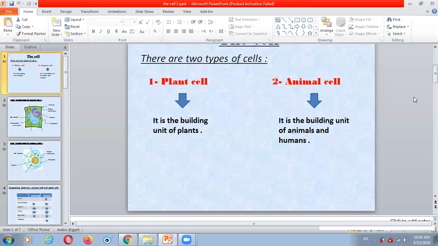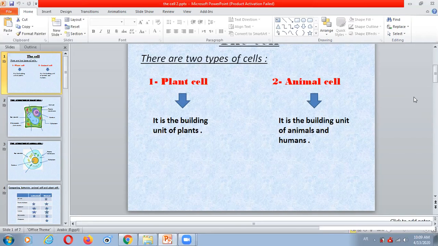So the cell is the smallest part in our body, and it is the building unit of all the living organisms' bodies. And we said that each cell must contain three main things: nucleus, cytoplasm, and plasma membrane.